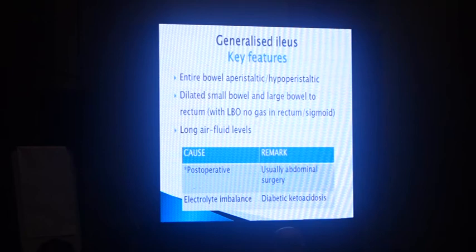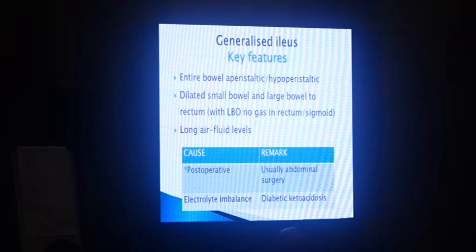Generalized ileus we can see mostly in post-operative patients or sometimes after abdominal surgeries. It can be due to electrolyte imbalance, particularly hypokalemia, or in DKA. We can see the small bowel as well as large bowel, and these bowels show long air-fluid levels.